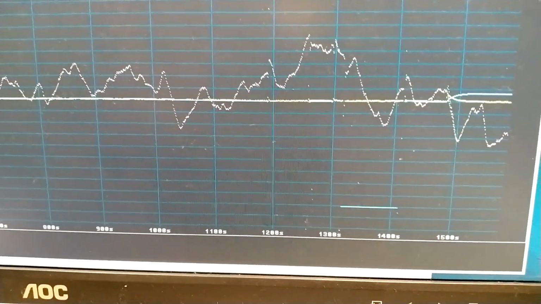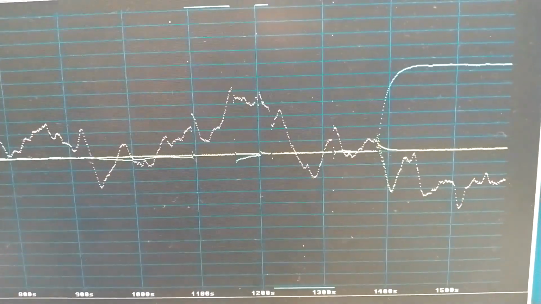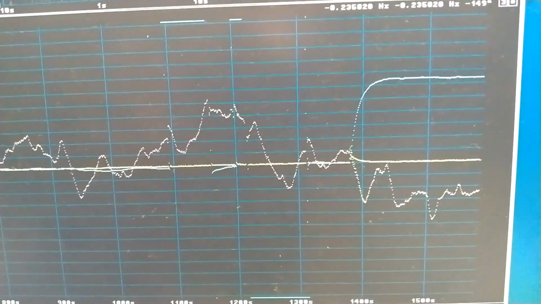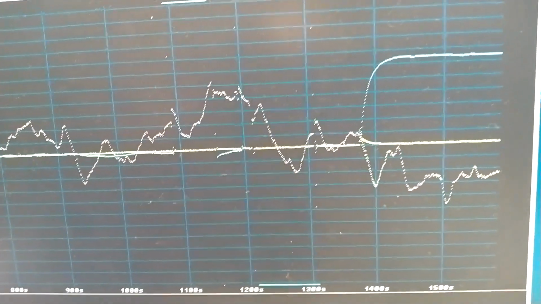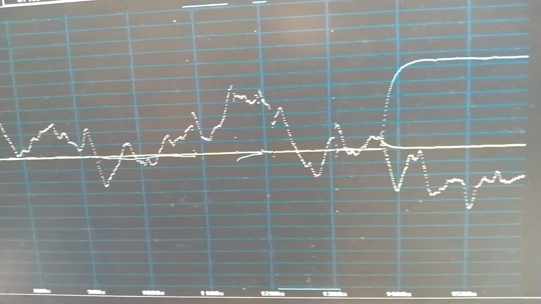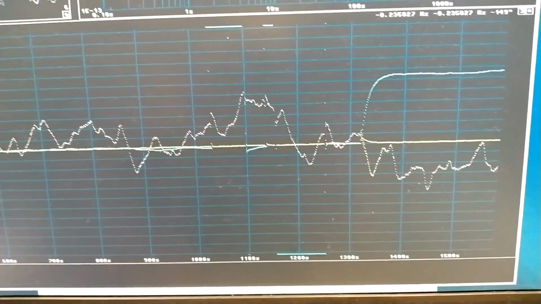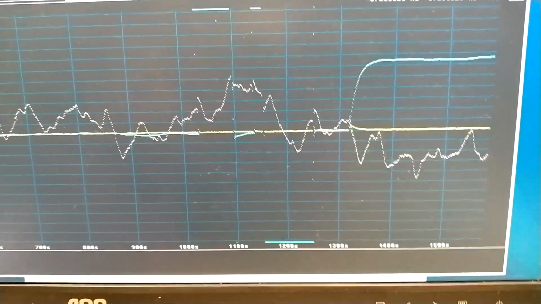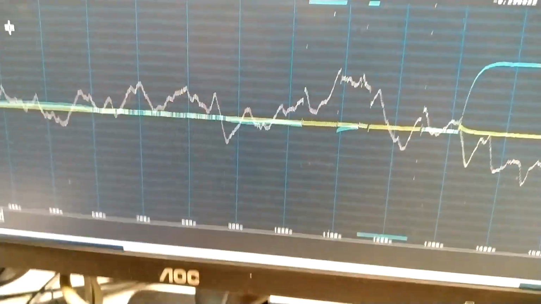I have to change the scale. The blue trace is at 0.25 on the scale, and since I changed gain by a factor of 10, that is 0.025. That means that I have produced a phase shift of, what did I arrive at? 0.2 degrees.